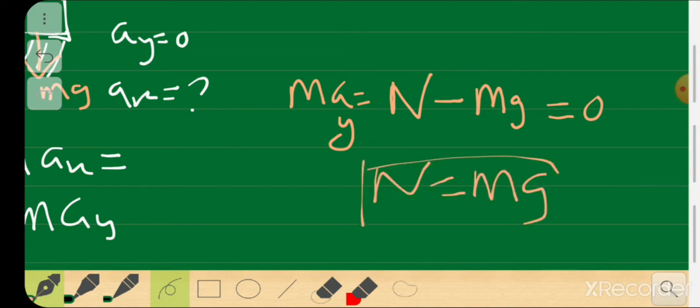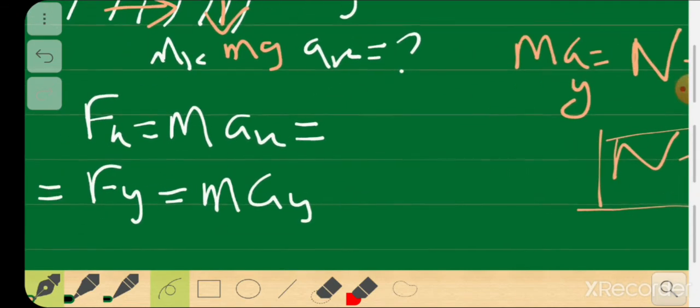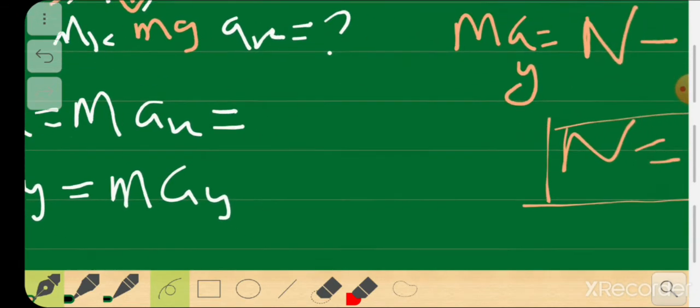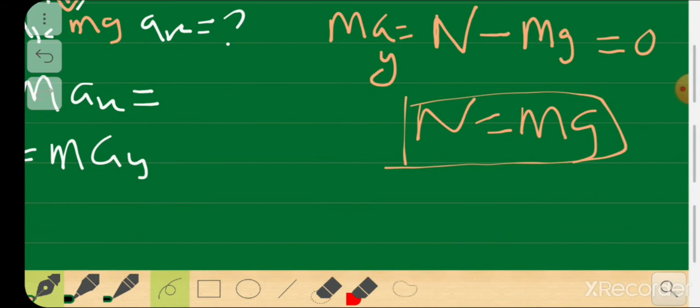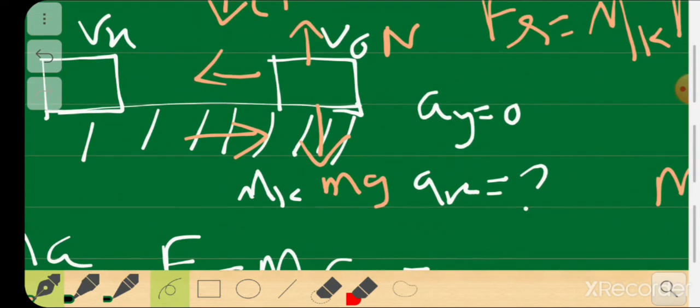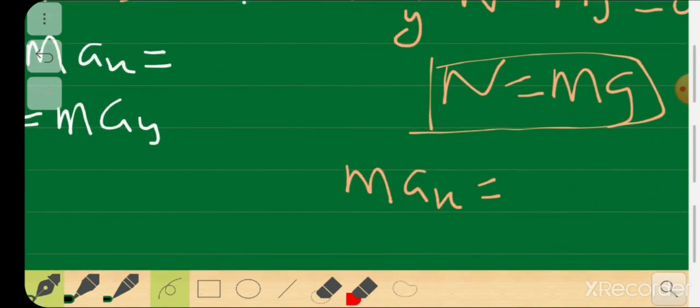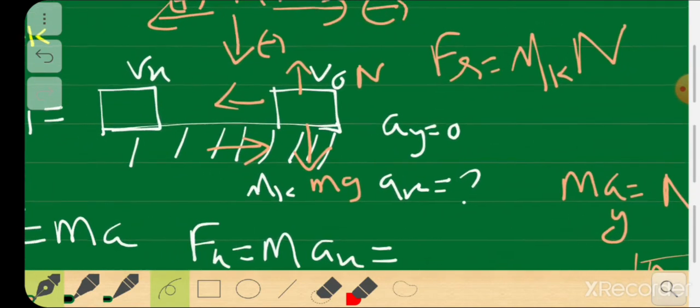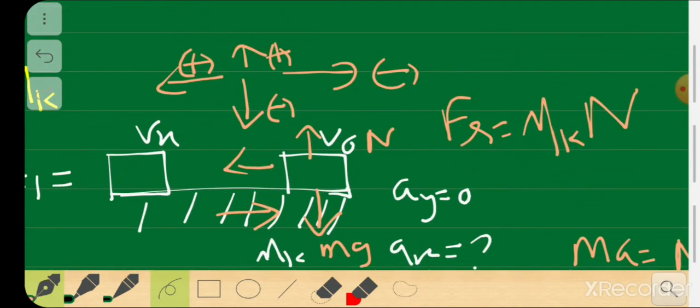We found that. Now if you look back, what happens in the x-axis? In the x-axis, max, the only force acting is the frictional force, and the frictional force is in the right direction, which we have taken as negative.